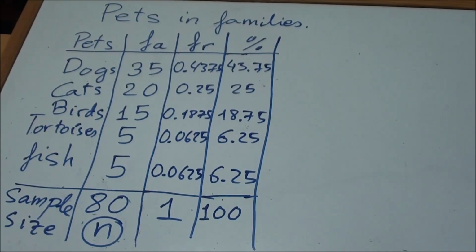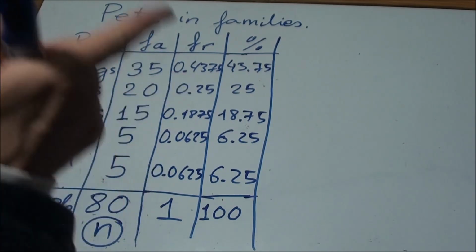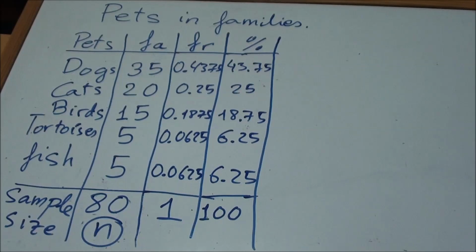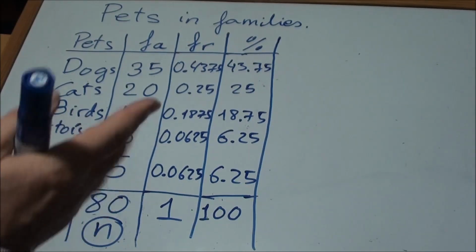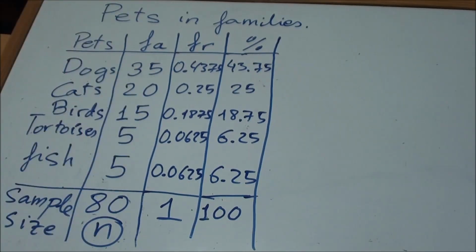And now, if we want to do an appropriate graph for this type of study, the graph we need is a pie chart, a circle with different angles. How do we find the angles we need for the circle? This is what we are gonna do now.